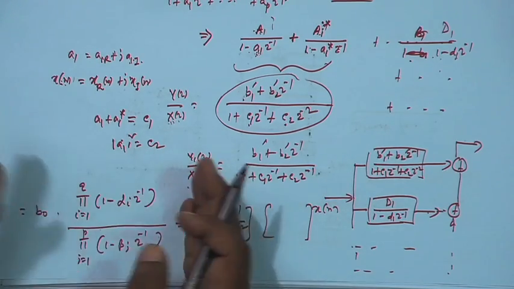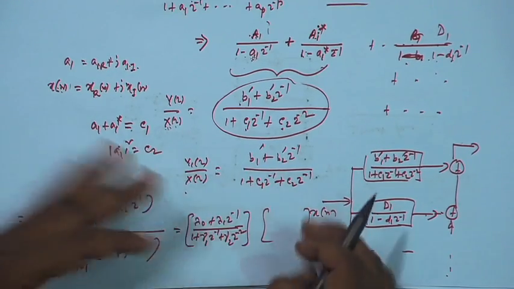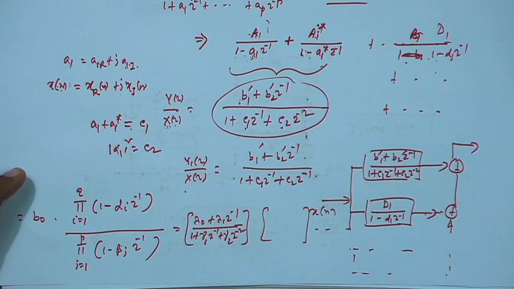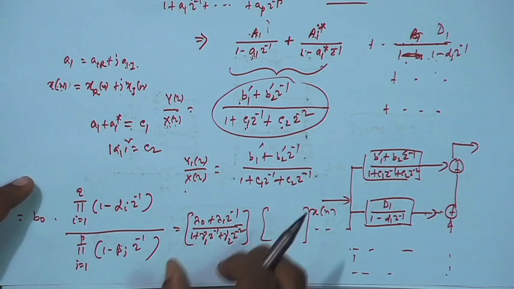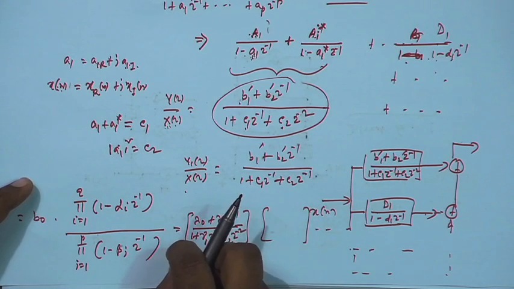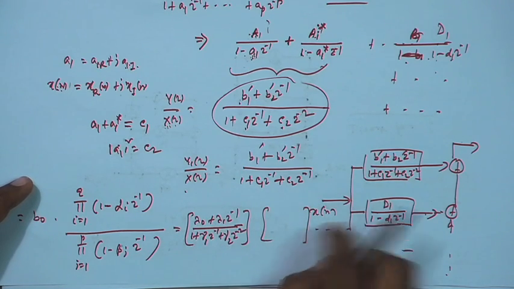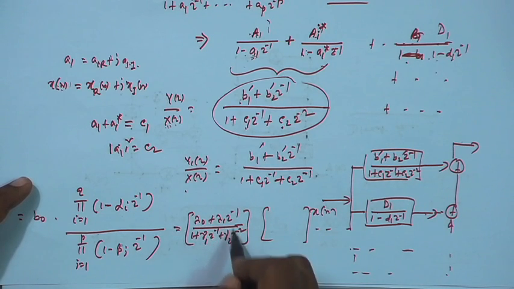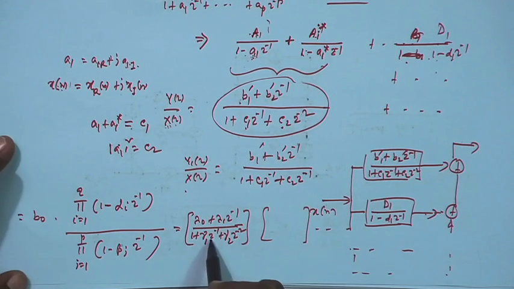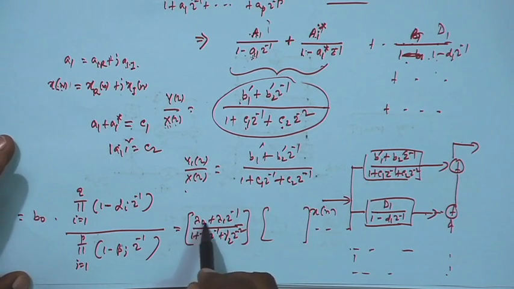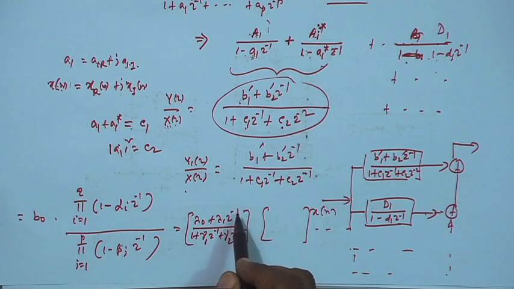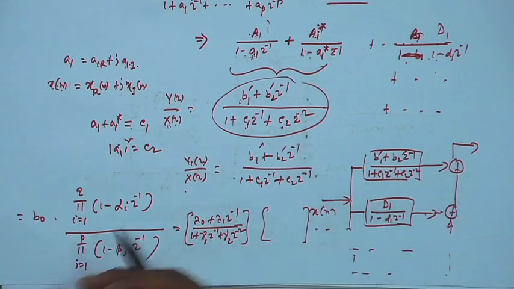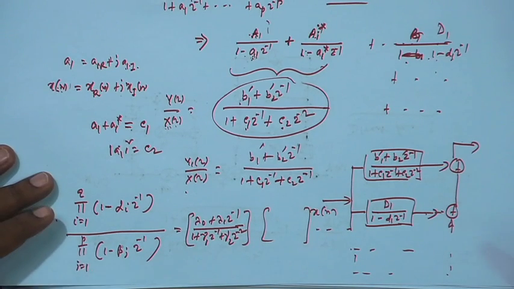Depending on how you order them, which ones you take first, you can have various possibilities, and it will be a product of this kind of form. So, it is called cascade. There will be one filter of this taking input as x[n], then the next filter like this, the next filter again another form of that kind. This could be either second order like this or maybe first order, where the denominator will have Z inverse and the numerator will have just lambda 0, no further term. Or each of them you can implement in direct form 1 and direct form 2, and they are in cascade. So, the overall structure will be called a cascade form.